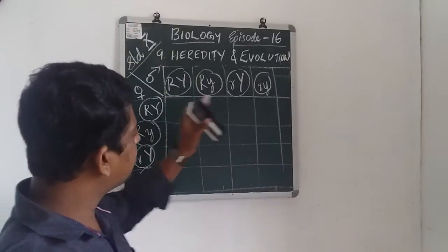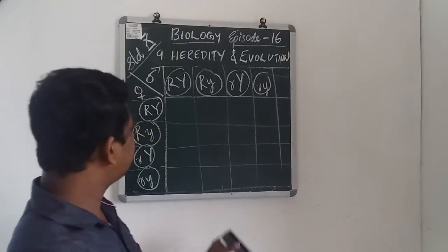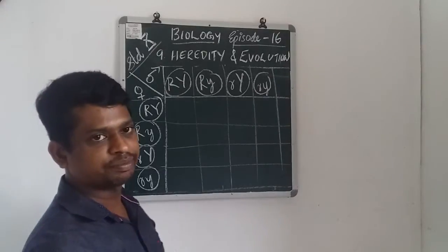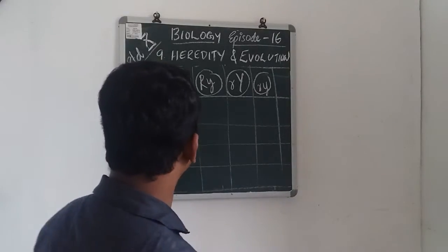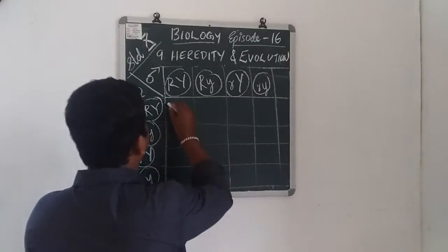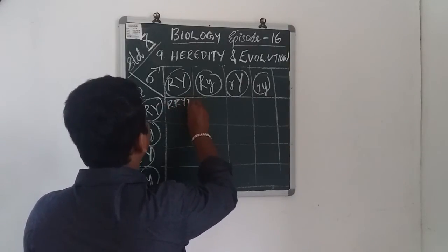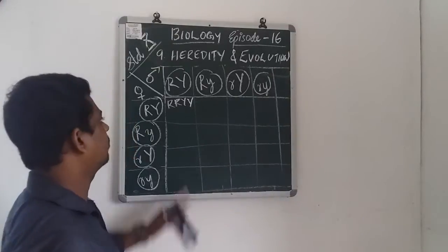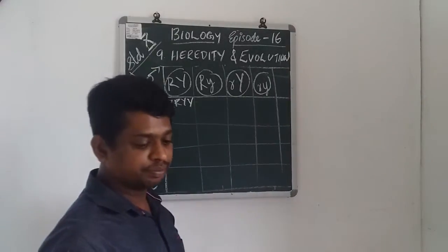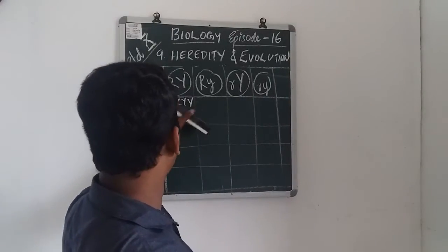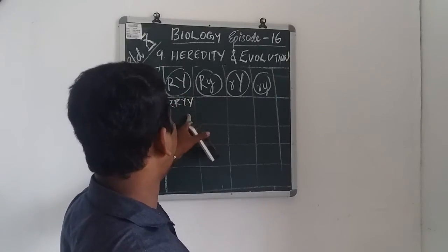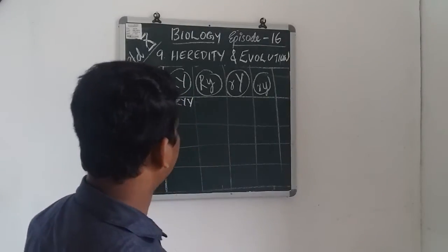Okay, this is the checkerboard, mating the gametes, and finally the resultants. Look at that: capital R, capital R, capital Y, capital Y. Any difference?